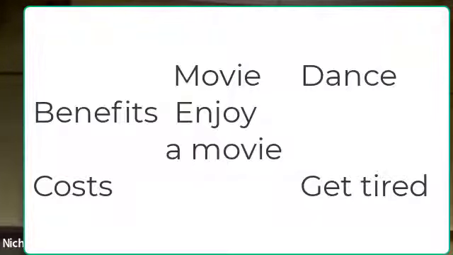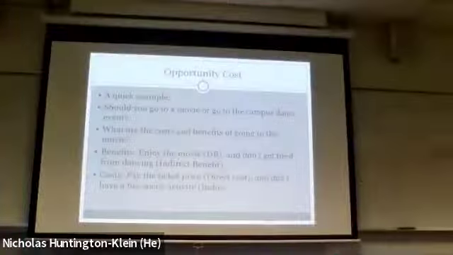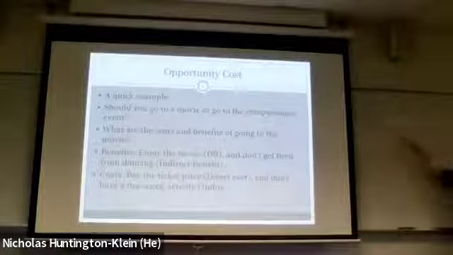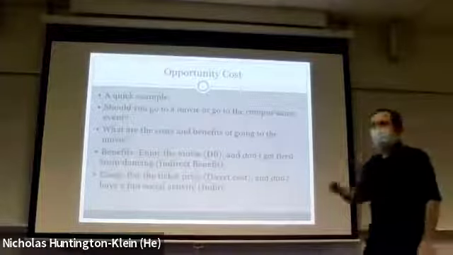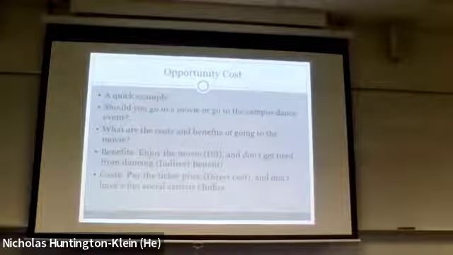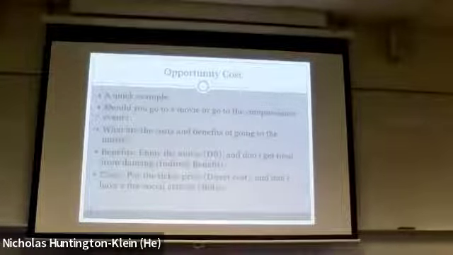That's a cost of going to the dance, which means that not having this happen, that's a benefit of going to the movie, right? You don't have to bear those costs, which is a good thing, right? So if we choose to go to the movie, this is something that did not happen. And so by figuring out how good of an idea the movie is, we need to compare that to what could have happened instead, right? The fact that that bad thing didn't happen is a benefit to us.